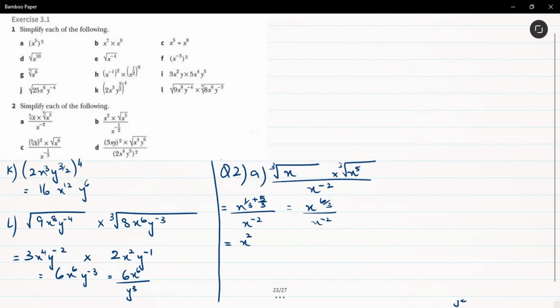Again, this is a negative sign, so we're going to put this up. So minus -2 is equal to x to the power 2 plus 2. And why is that? Because negative multiplied by negative is going to be equal to positive. So we are going to get the answer x to the power of 4.